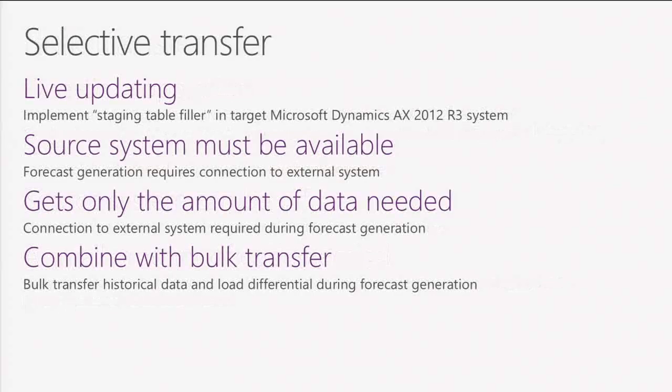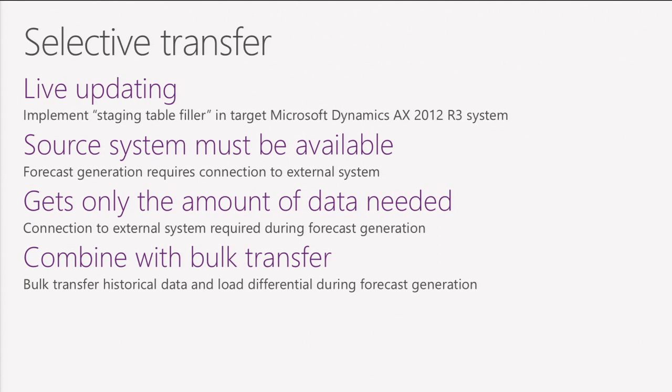The next option is the selective transfer. It's like a live update of the system. It works like that. When the forecasting process is run, a piece of code runs that reads the data from the external system and puts it into the staging table.